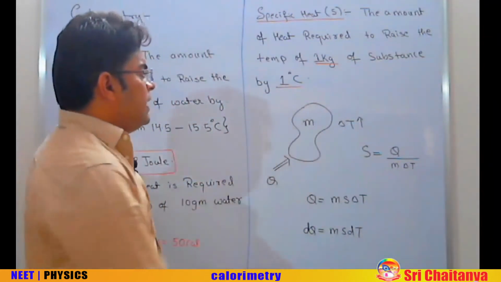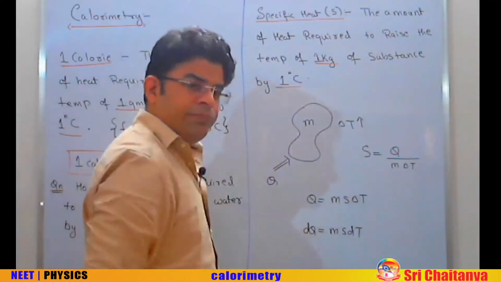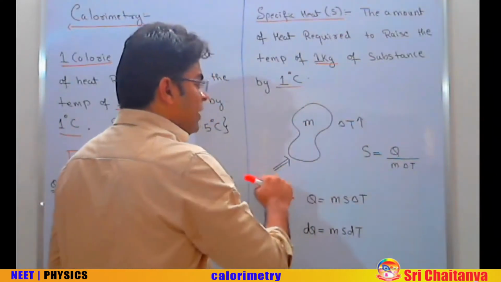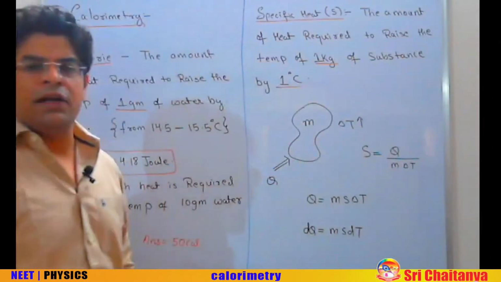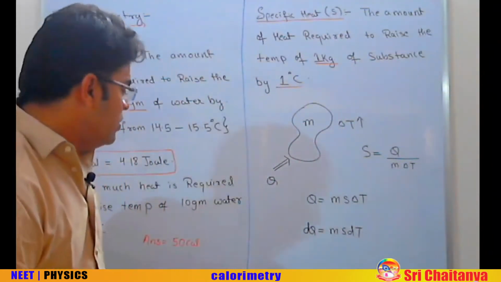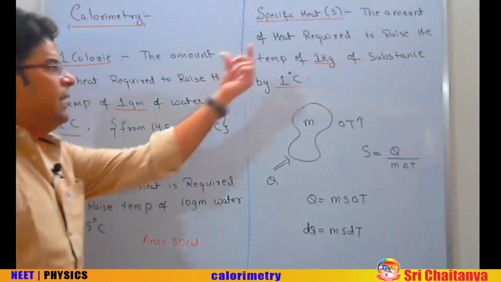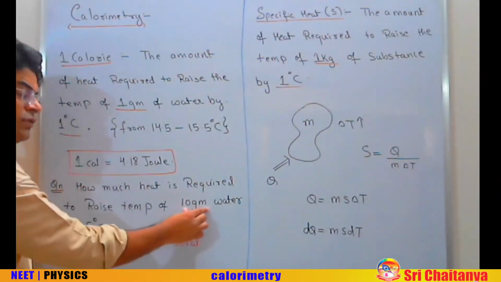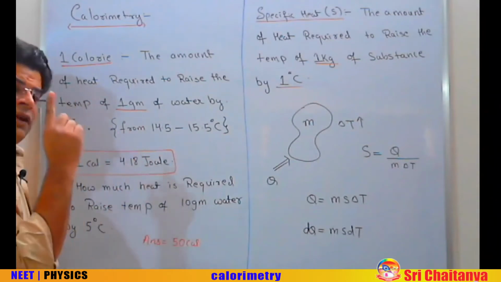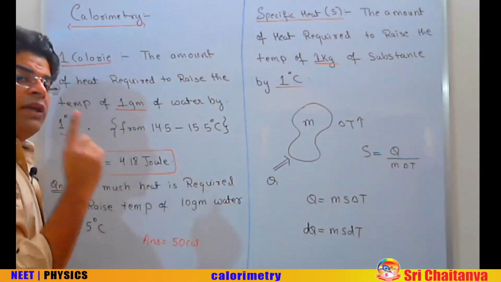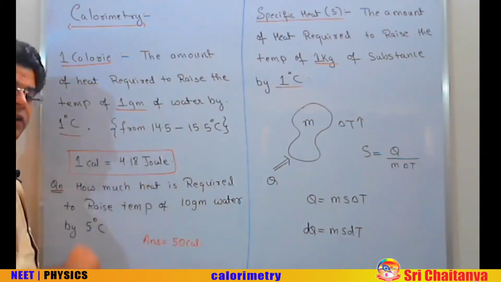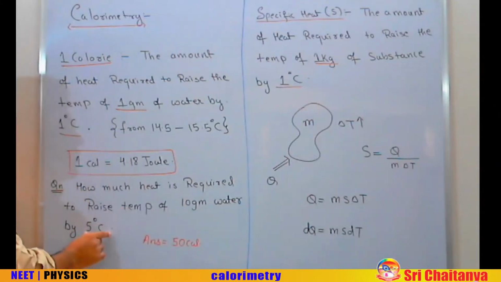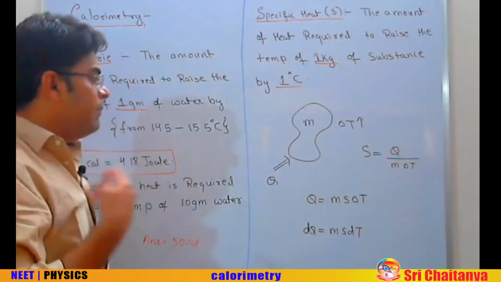Now, let's say you have some body of mass m. When you provide it with some heat Q, the temperature rises by delta T. What is the specific heat? What we used here, we can use the same thing here. The amount of heat required equals the mass of substance times the amount of heat required to raise the temperature of 1 gram by 1 degree centigrade, multiplied by the number of degrees centigrade by which you have increased the temperature.